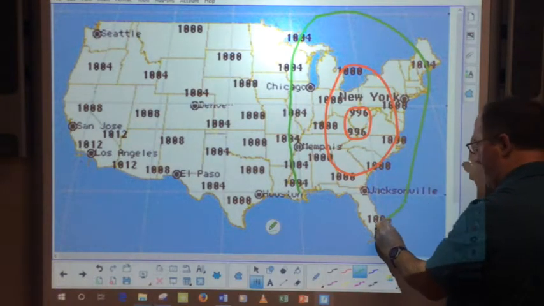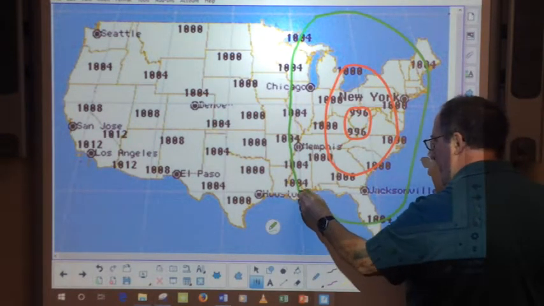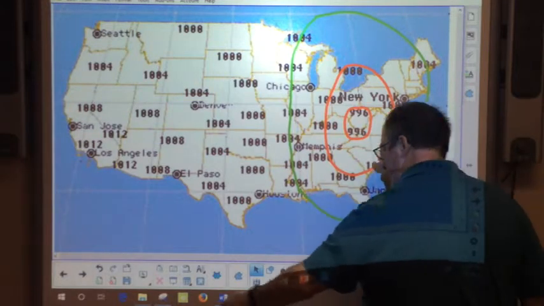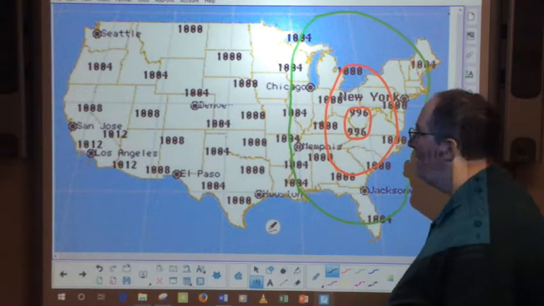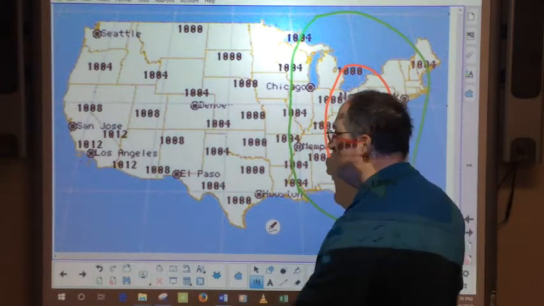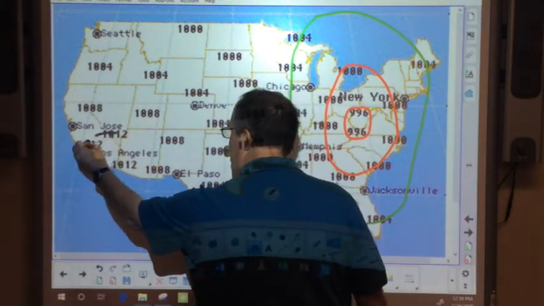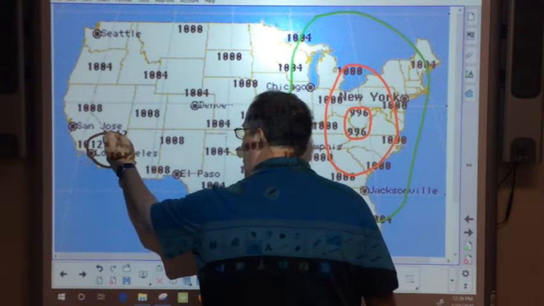We got 1,004 over here in New England, so go ahead and circle around. That's just an estimate of where it would be. You would actually have ships out in the ocean to get some more information. So you're looking around, you're still connecting.